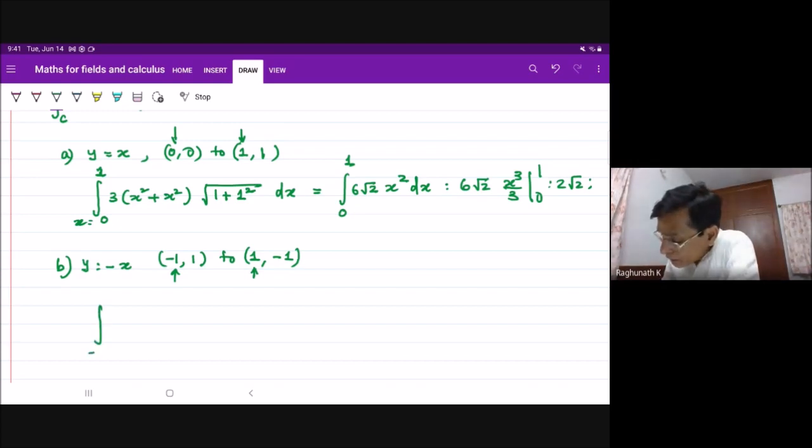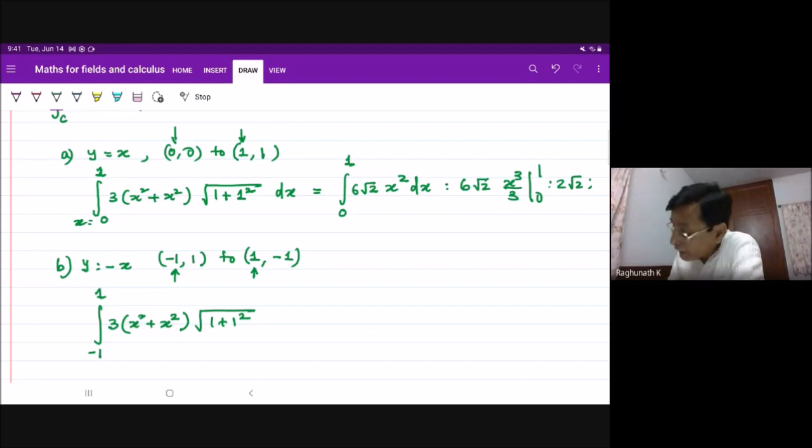Integral minus 1 to plus 1, 3 into x squared plus x squared again, root of 1 plus 1 squared again. Why? Minus 1 squared, of course. dy by dx is minus 1. Y is equal to minus x, y squared is x squared only.